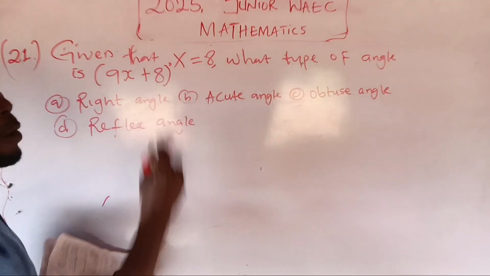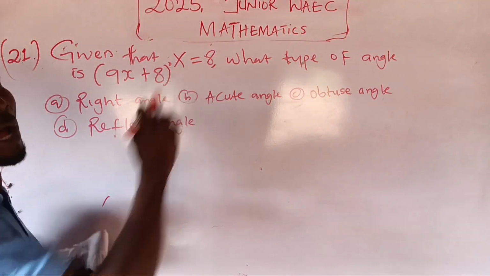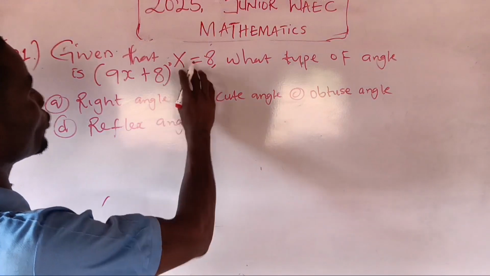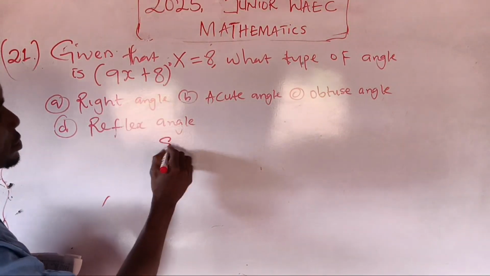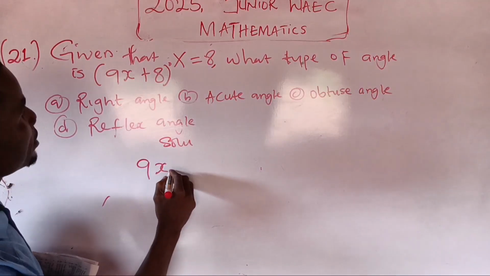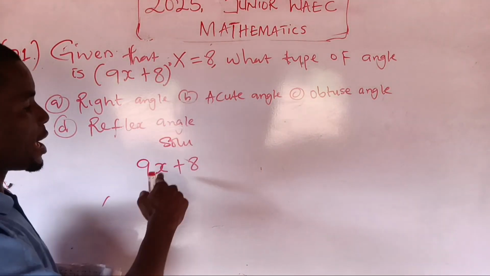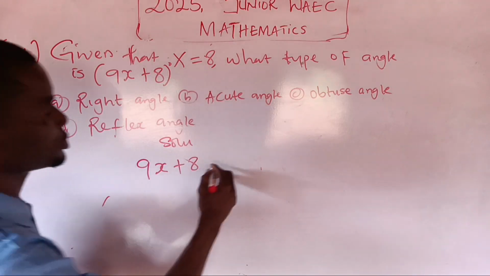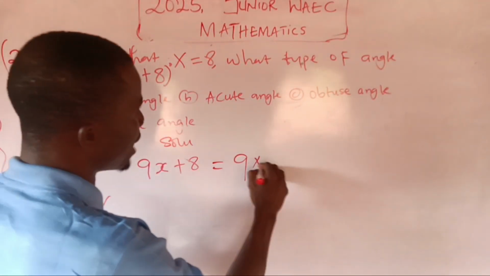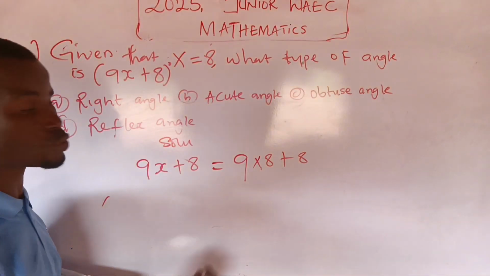So now let's do our working to know the type of angle this particular question belongs to. So this is the solution. They gave us 9x plus 8. So we are substituting. Anywhere we see x, we are putting 8. So we have 9 times 8 plus 8. 9 times 8 will give us what?